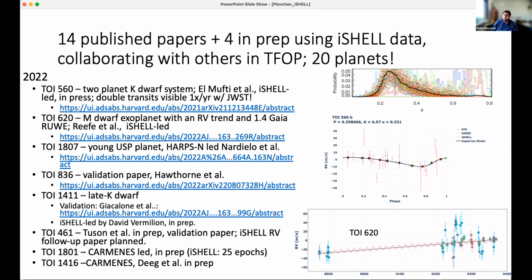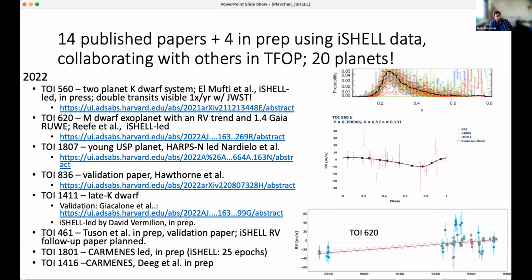So we tended to select a lot of targets for our program that overlapped with good targets for atmospheric characterization. But for TOI 560 in particular, the planets are nearly equal in size. And from a Spitzer observation, we've been able to show that the inner planet is mildly eccentric, which is a bit unusual. In addition to that, roughly once a year, there'll be double transits visible for JWST.